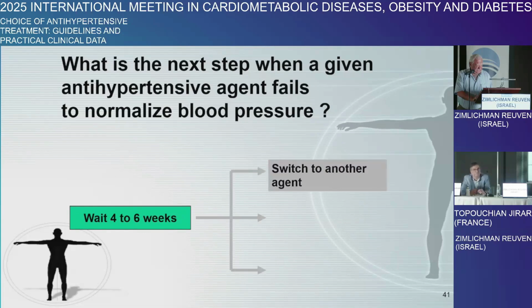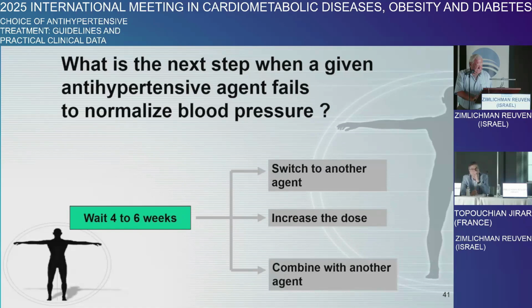Maybe our choice was wrong, or maybe the patient is not taking our medication, in which case switching to another medication will not help because the patient probably will not take the other one either. Or increase the dose, depending on what dose we gave in the beginning. If it's maximal, we will increase side effects and not receive additional antihypertensive effect. Or continue with another agent.